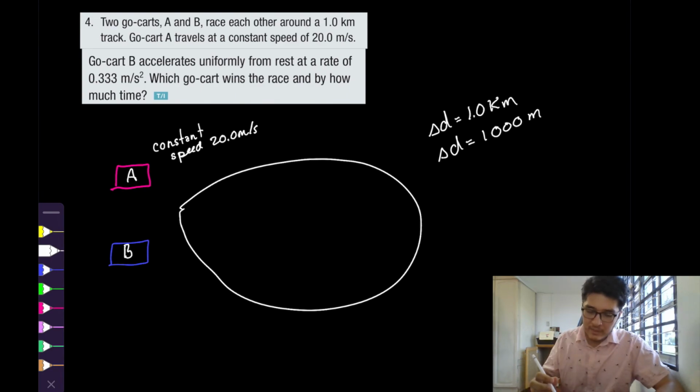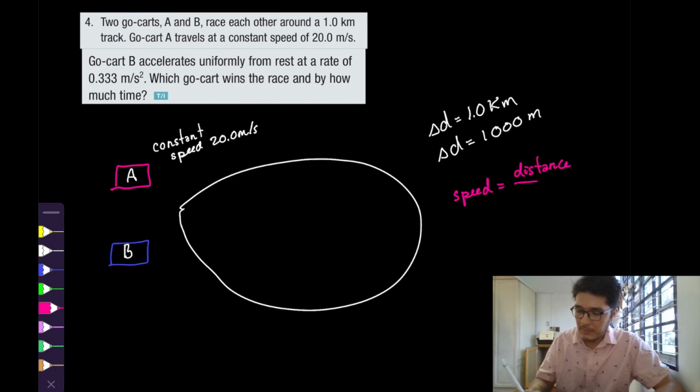So let's see how long it takes for A to travel. We're going to use the formula, speed equals distance over time, because it's not accelerating, so we can use this formula. So v equals delta d over delta t.